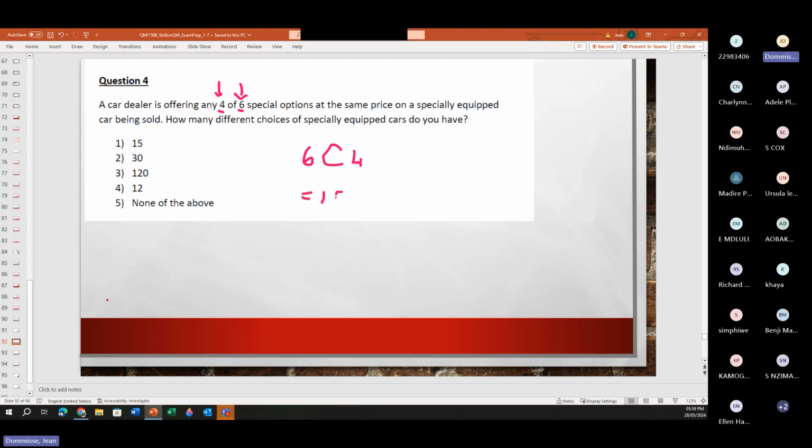Let's also look at the formula for that, which is on the formula page. Let's quickly write this formula.